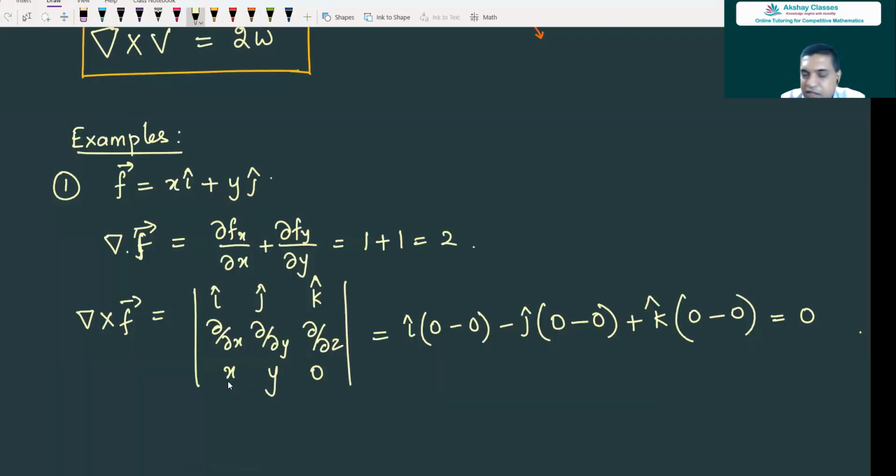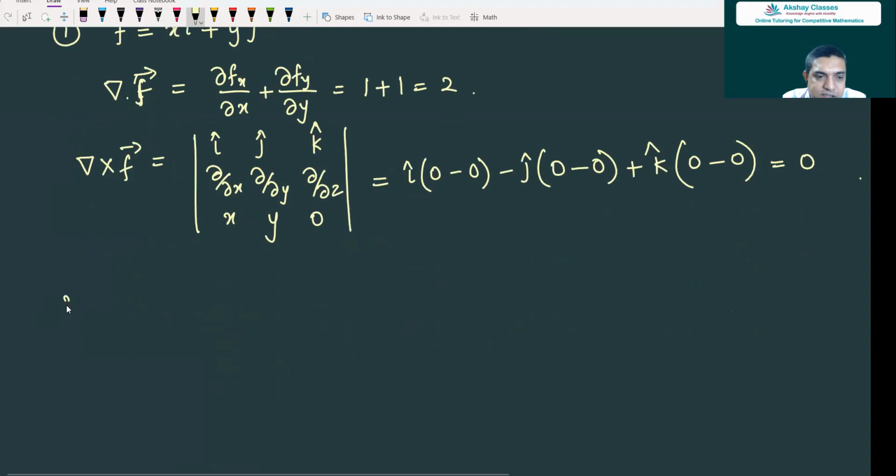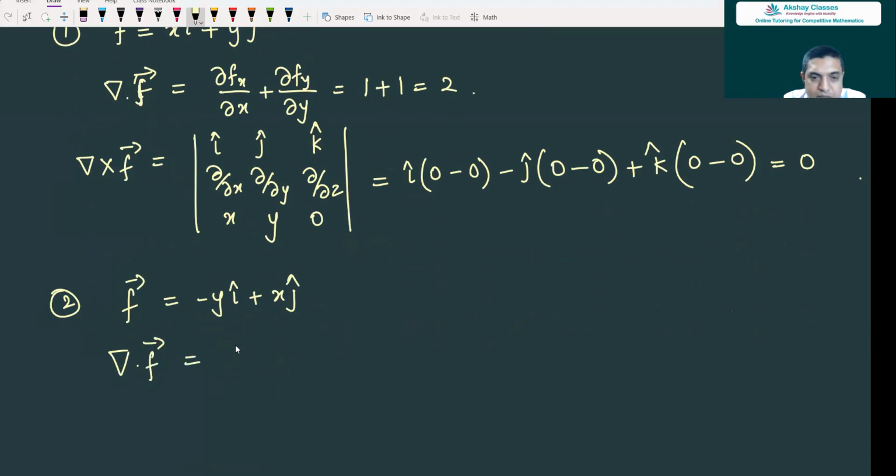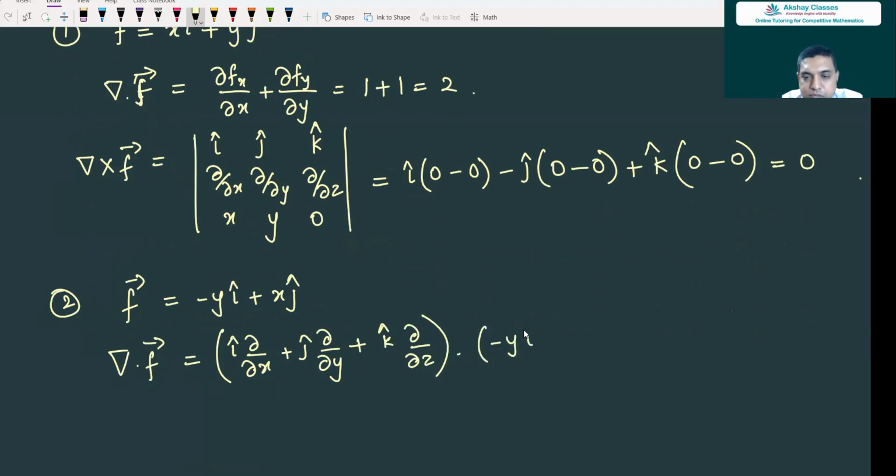This is a very simple vector field, minus yi. So F is minus y times i cap plus x j cap. So del dot F is, so k component itself is not there.